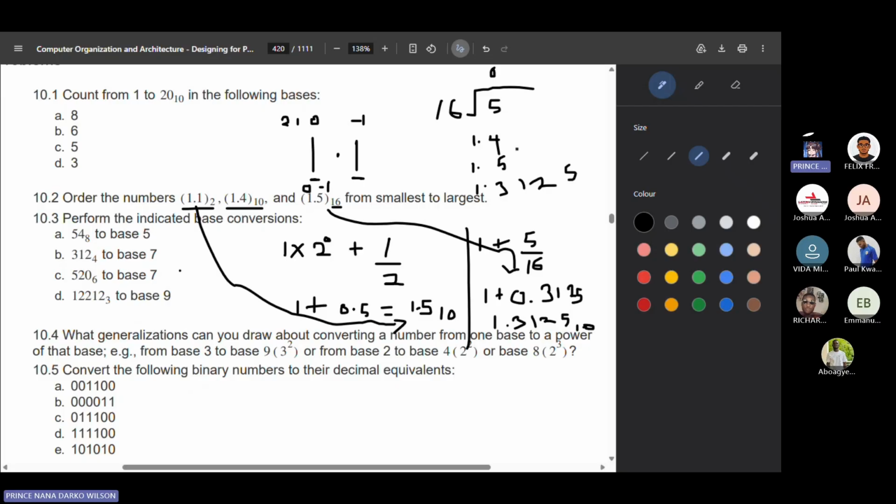The digits in the ones place are all 1, so we cannot really do a comparison there. But in the tenths, the decimal place, this is 4, that's 5, and this is 3. Obviously, this is automatically the smallest number. Therefore, the smallest number in the chain is the value that corresponds to 1.3125, which is 1.5.